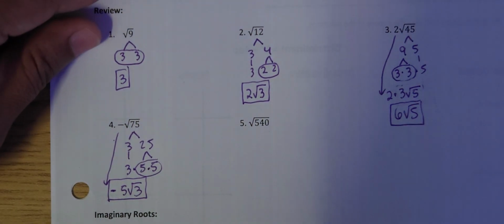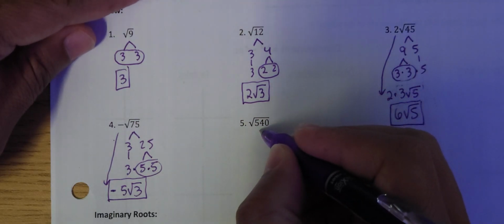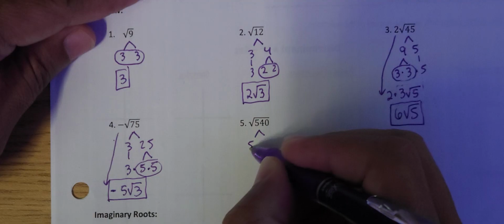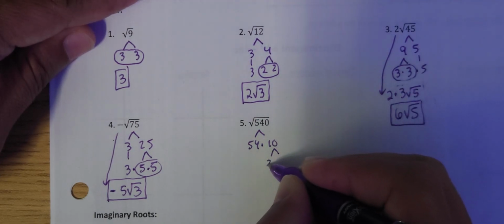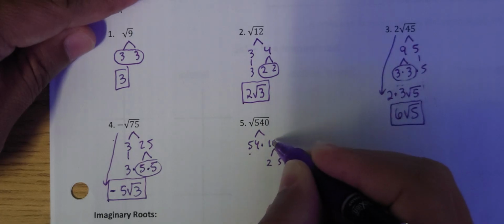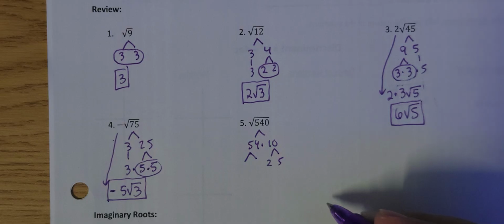For number 5, you can actually do this one in different ways, but I'm going to do this as 54 times 10. And 10 is the same as 2 times 5, and 54 we can do in different ways.